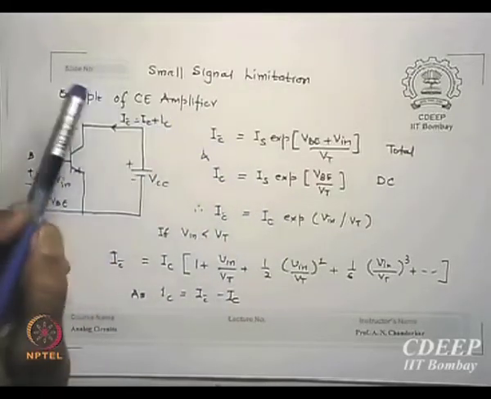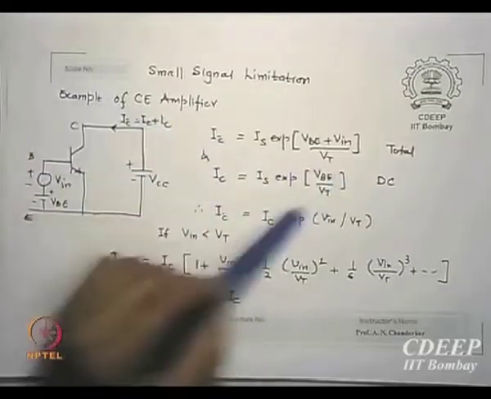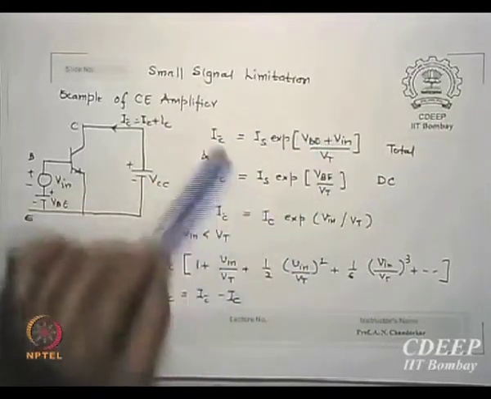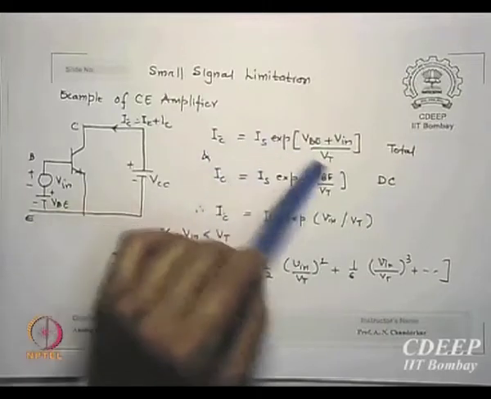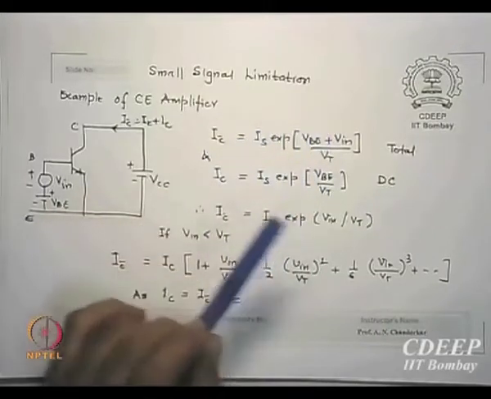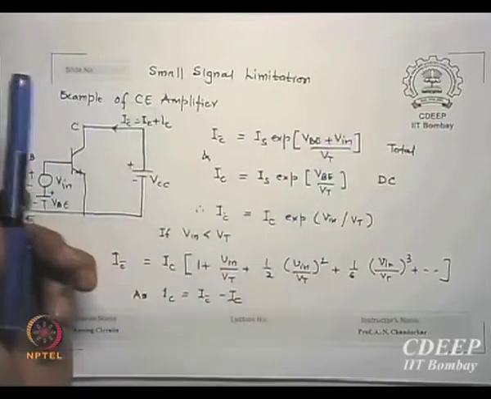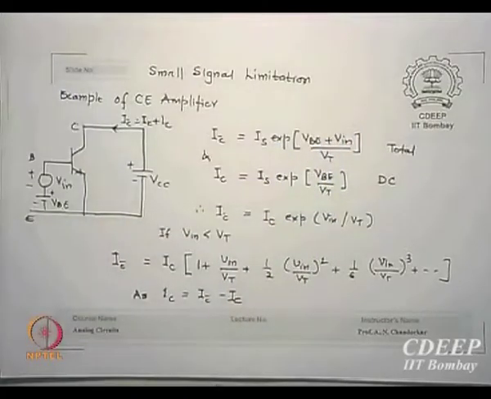Is that okay? This term is substituted in this. So you get IC, which is IS exponential QVB by KT, and the remainder term is exponential Vin by VT. Exponential: e to the power a into e to the power b is e to the power a plus b. Is that correct? That is the formula I use.